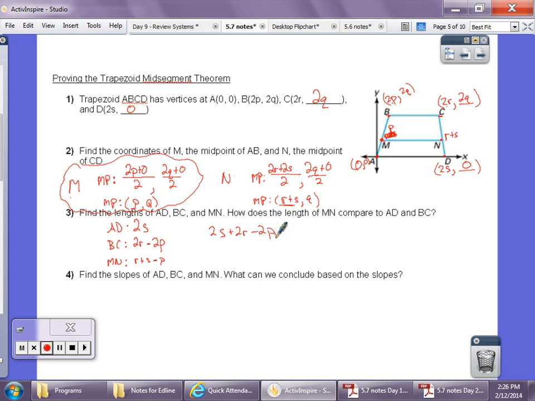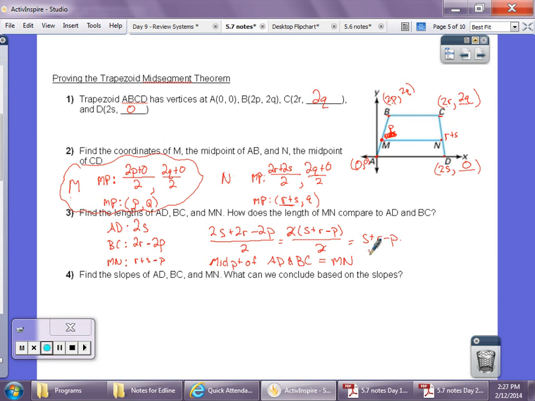If you find the midpoint of this, if you divide that by 2, you notice this has a factor of 2, so you're left with S plus R minus P. So what happens is that the midpoint of AD and BC equals MN, since these are both the same.